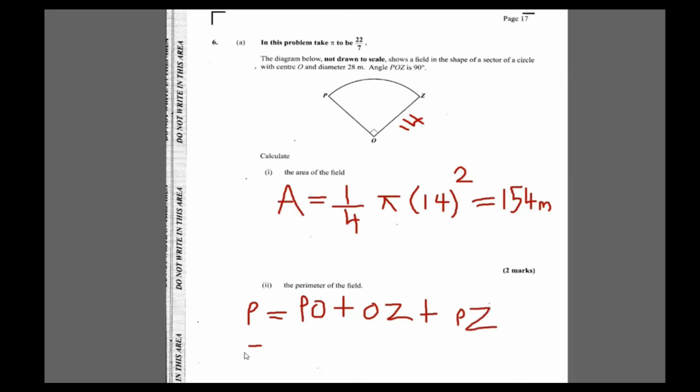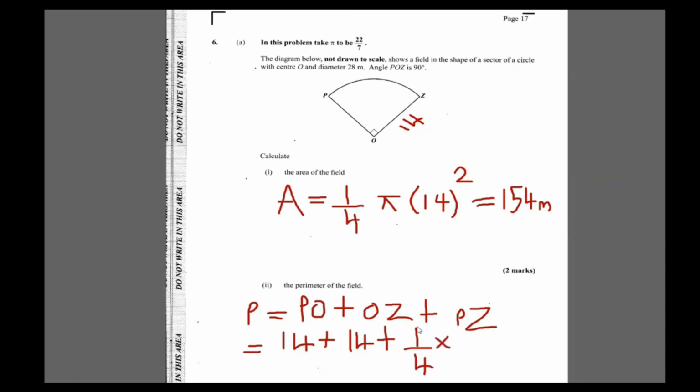PO is 14, and OZ is also 14 because they are both radii. The length of the arc PZ is theta over 360, where theta is 90, so 90 over 360, which is a quarter, multiplied by the circumference.